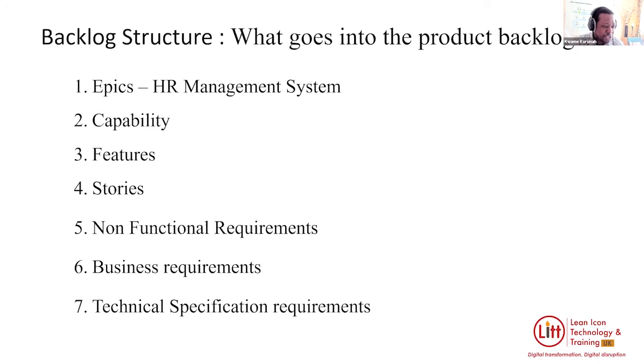We'll pick one feature, break that feature down, and further look at the story, look at a set of non-functional requirements, and we'll look at how to manage the backlog in a very chaotic environment. There will be business requirements and there will be technical specifications, and all these requirements are needed in managing our backlogs in a chaotic environment.